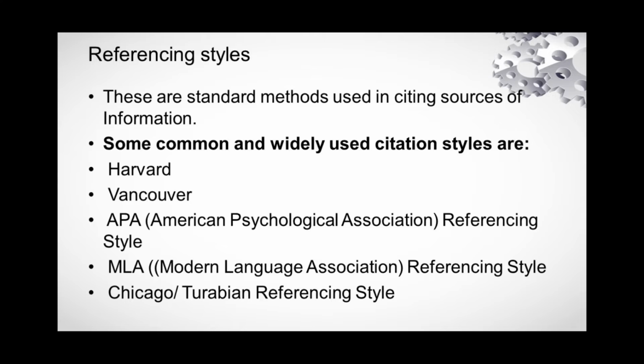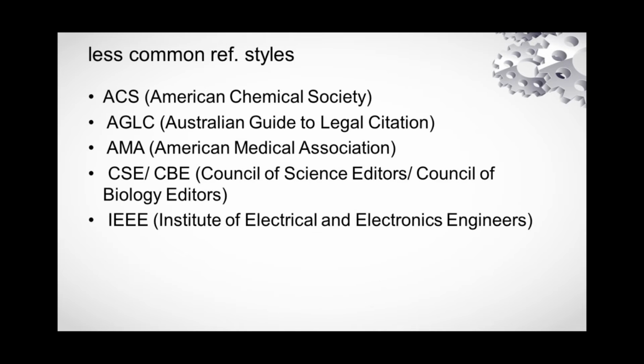The Chicago is very closely related to the Turabian, so they are almost the same. The less common referencing styles are the American Chemical Society, ACS, Australian Guide to Legal Citation, AGLC, American Medical Association, and CSE and IEEE, which is the Institute of Electrical and Electronic Engineers. These are the less common referencing styles.